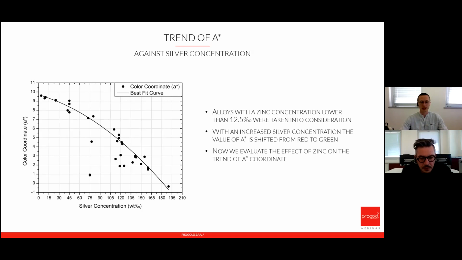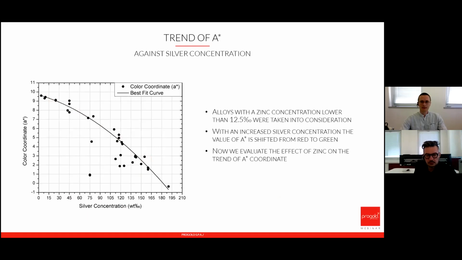It's pretty difficult to explain the color without seeing it, but we can understand that the increasing concentration of silver is moving the A coordinate from red to green value.